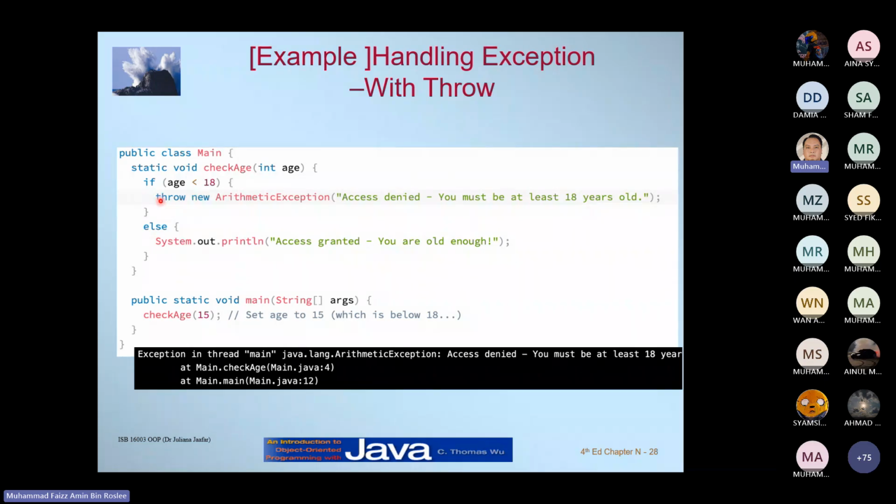Okay, you define throw new ArithmeticException, "Access denied, you must be at least 18 years old", if the age is less than 18. Or else you will print "Access granted", right?